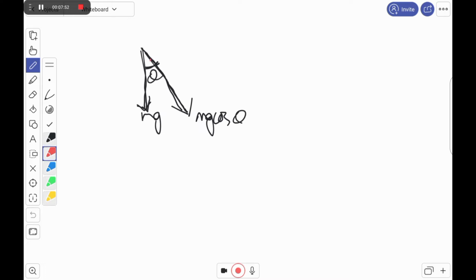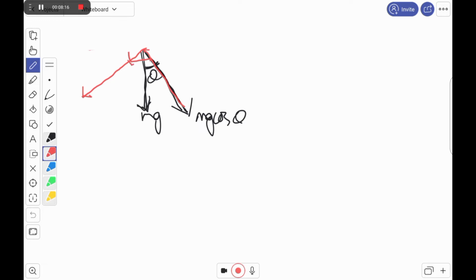Now draw 90 degrees to this line. Draw like this. Is it 90? No, it is wrong. It is not 90. Let me erase this. Okay. How to draw 90 like this? Now you can see this is 90. Is it clear, children?